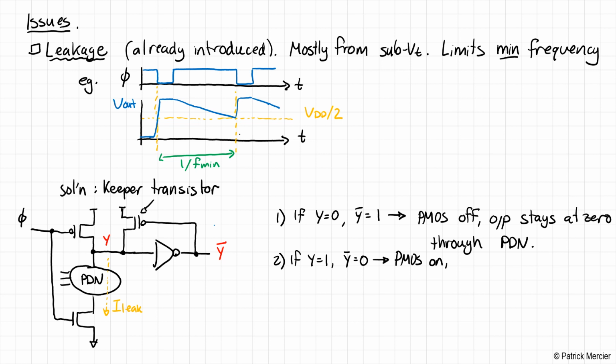The PMOS is on now, which combats the leakage from the pull-down network, keeping y in the logic high state. This is excellent. This totally solves the problem. However, let's just make a little note here, that this is now ratioed logic.